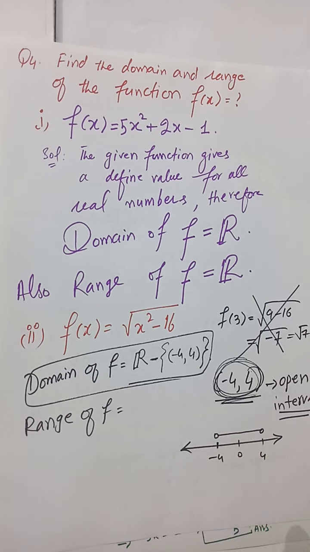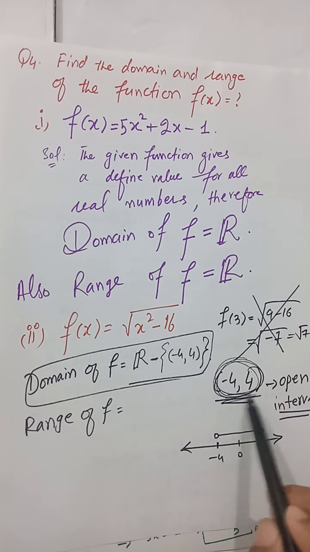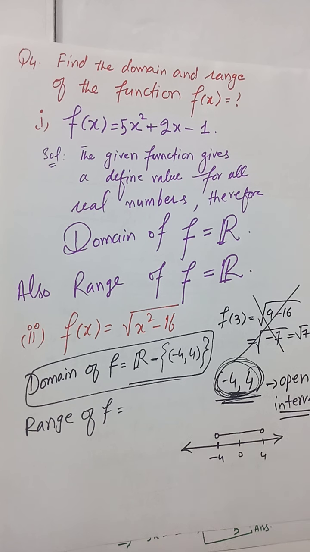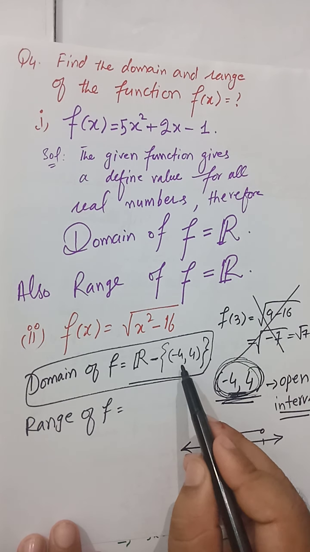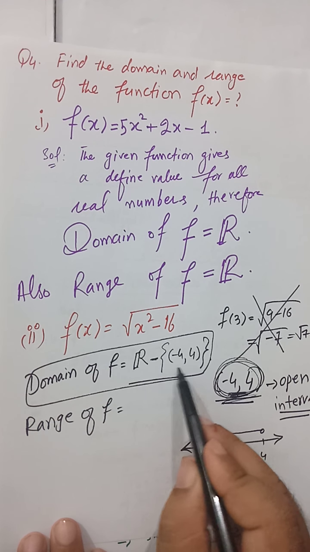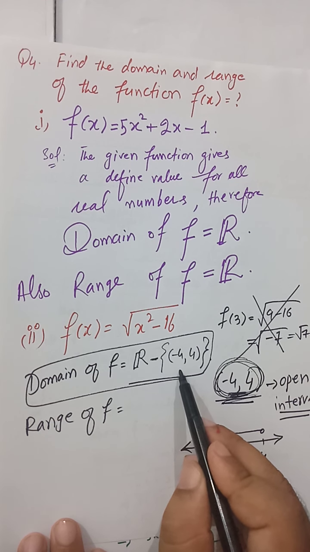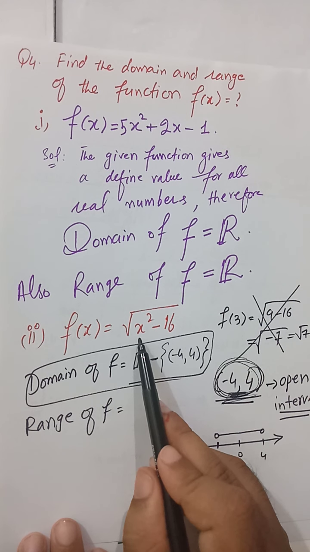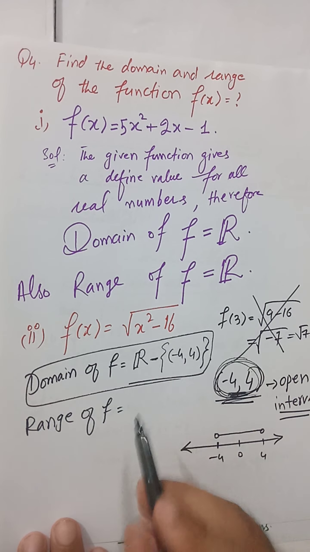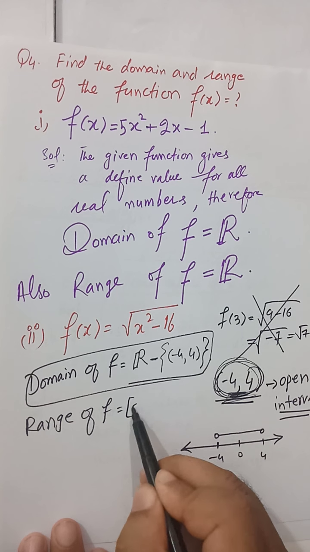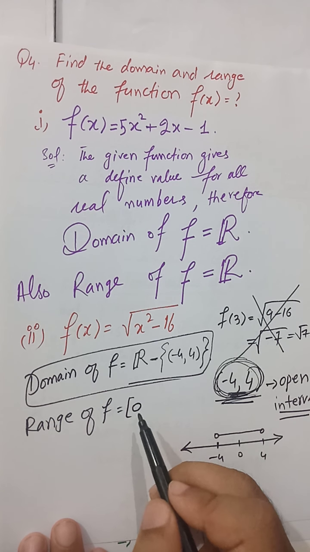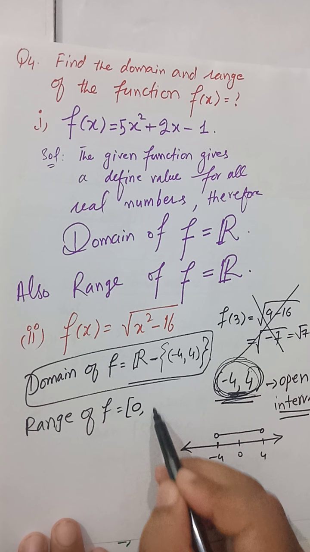If I put -5, you will also get +3. So you see that when you plug values in this function other than this interval, you will always get positive values in the range. You can also put +4 and -4, because in this interval +4 and -4 are not included. This is an open interval. So when I put +4 or -4, you will get 16 minus 16, 0. So the minimum value in the range will be 0.